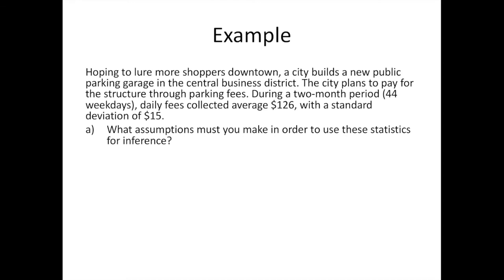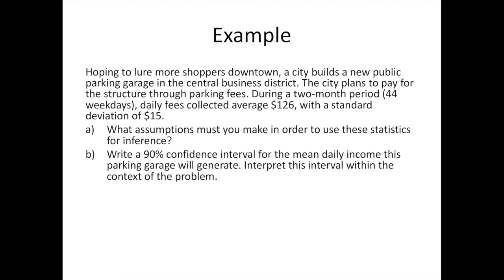So there are two critical assumptions we're making here: the independence of one day's revenues versus another's, plus the underlying shape of the population distribution. We're going to have to just assume that it is at least close to being normally distributed. Now, write a 90% confidence interval for the mean daily income this parking garage will generate. Interpret this interval within the context of the problem.